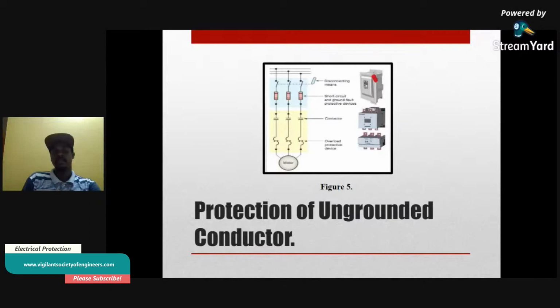So the incoming supply is protected by the disconnect means, and that is incorporated with fuse, built and designed with fuse protection. And you have a contactor which receives the power from the disconnect means and the overload protection device, right?